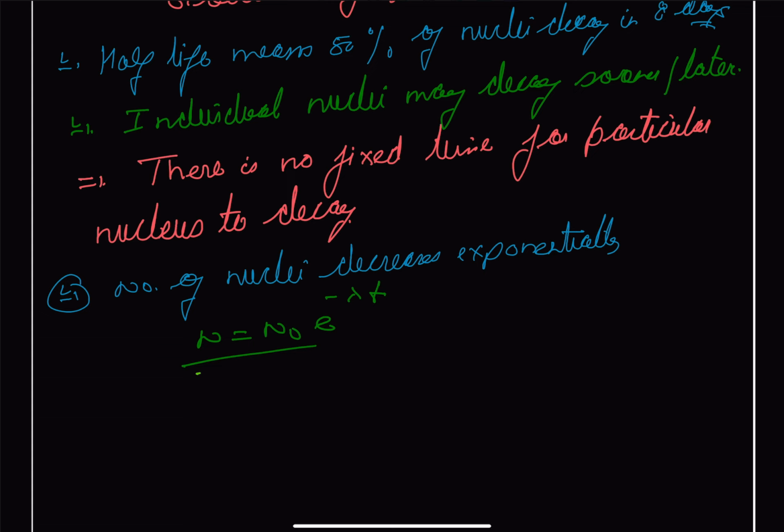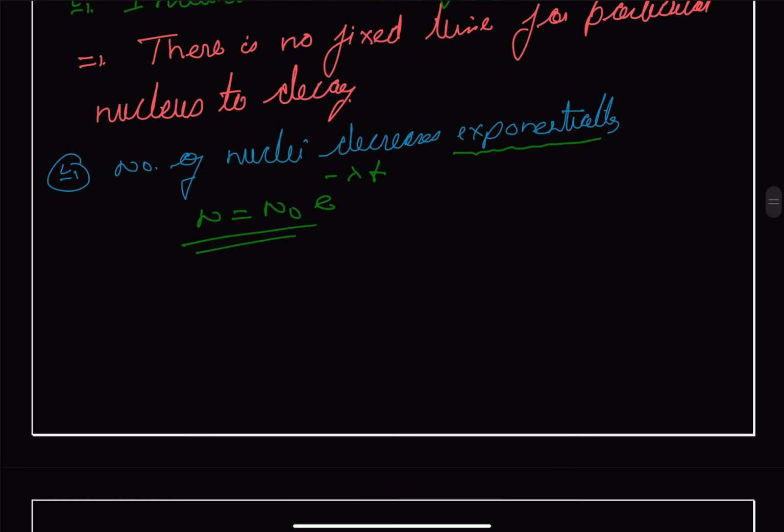So the entire decay process is based on this particular equation, and it states that it decreases exponentially. So for the rate of exponential decay, we can just draw an approximate figure. It can be something like this, or it can be also like this. So there is no fixed way in which it is going to decay.